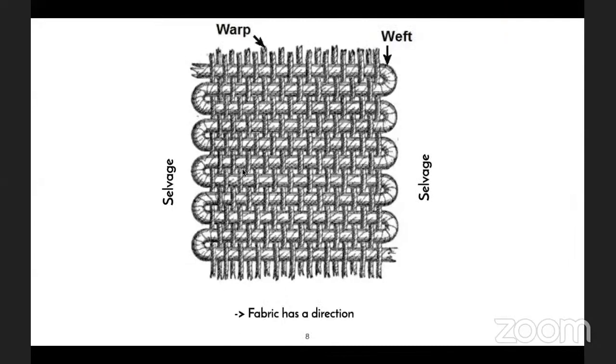Another illustration shows how the fabric looks, a plain weave. So the warp is vertical, weft is horizontal. For our understanding, we are going to keep it like that.